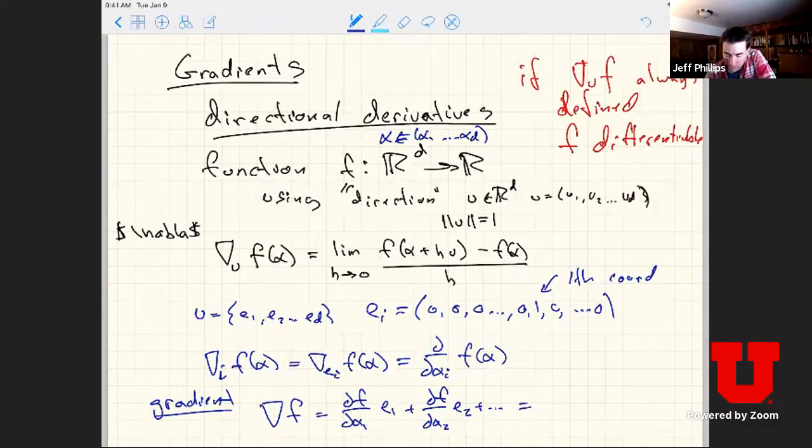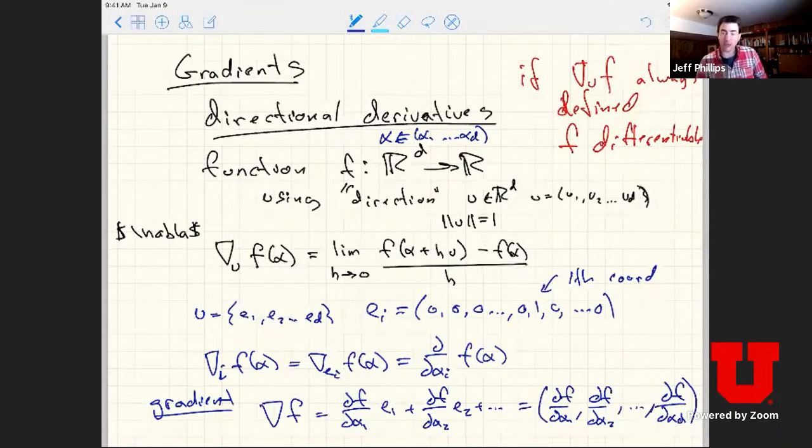And I can also just write this because now I have a scalar value. The derivative over one coordinate is a scalar value. I'm multiplying by that a vector, but it's almost all zeros. So then I can just write this as each one defining a single coordinate: df/dα1, df/dα2, to df/dαd.